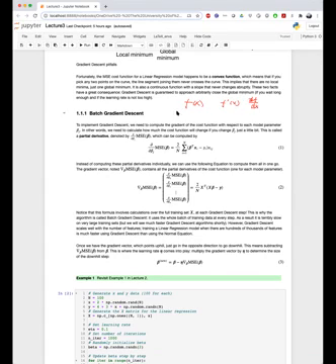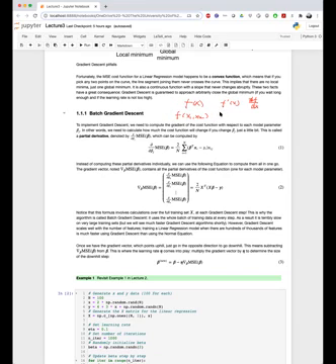If you have multiple inputs, let's say x1 and x2, then you cannot just take the first derivative. We take the first partial derivatives, and the collection of the first partial derivatives we call the gradient.